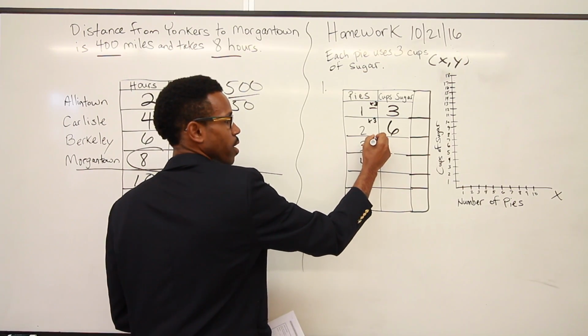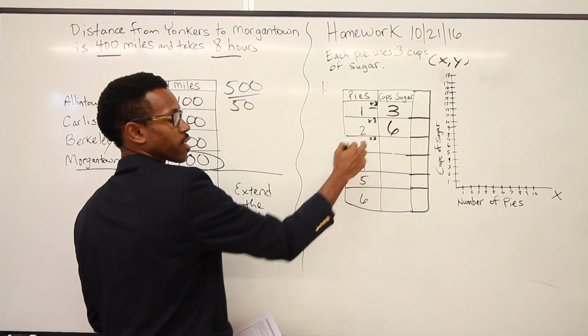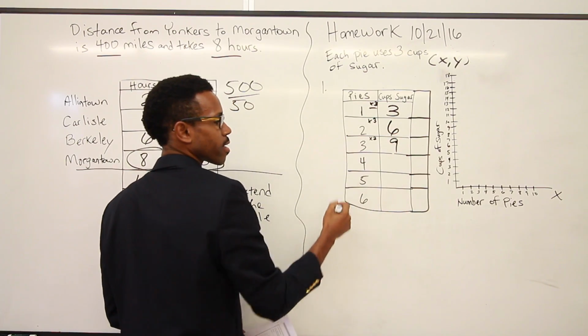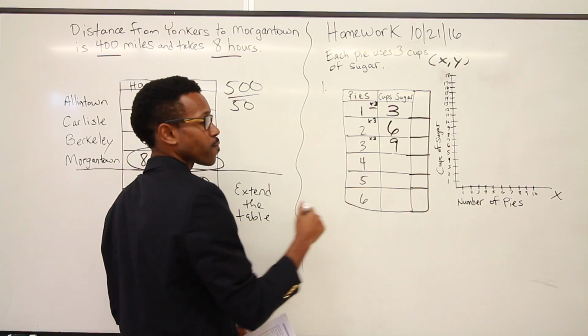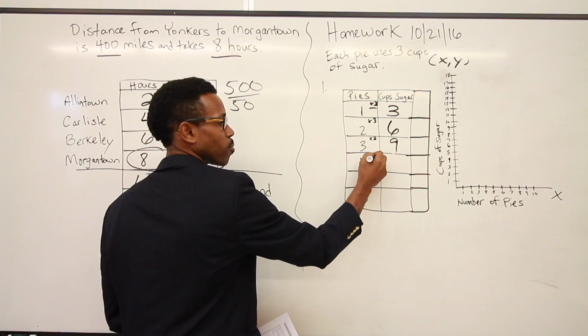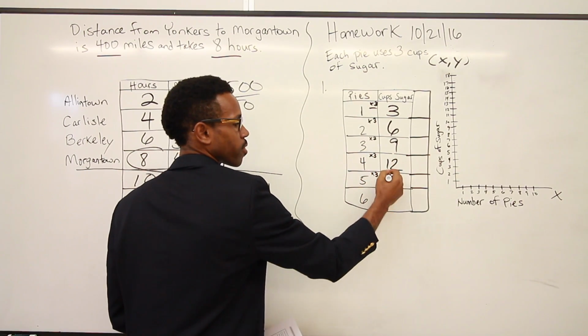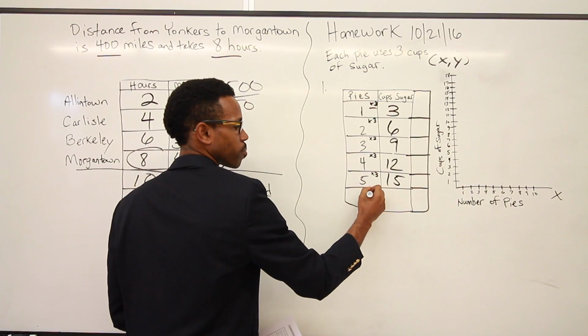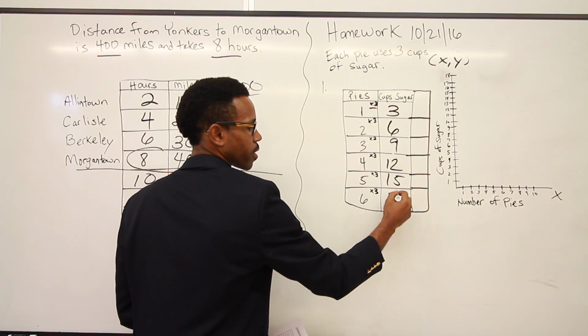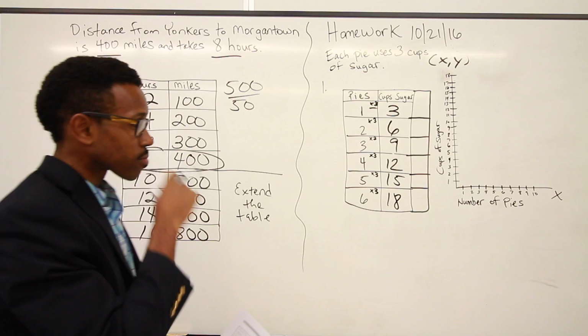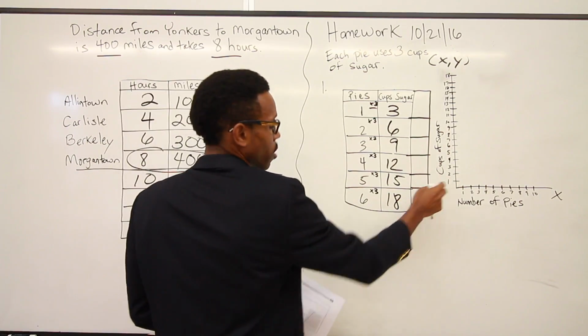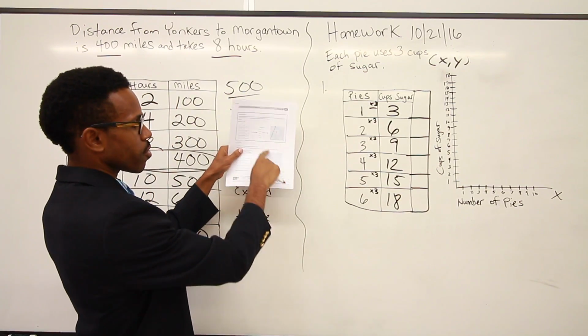How many cups of sugar do I need for 3 pies? 3 times 3, 9. How many cups of sugar do I need for 4 pies? Continue to multiply by 3.